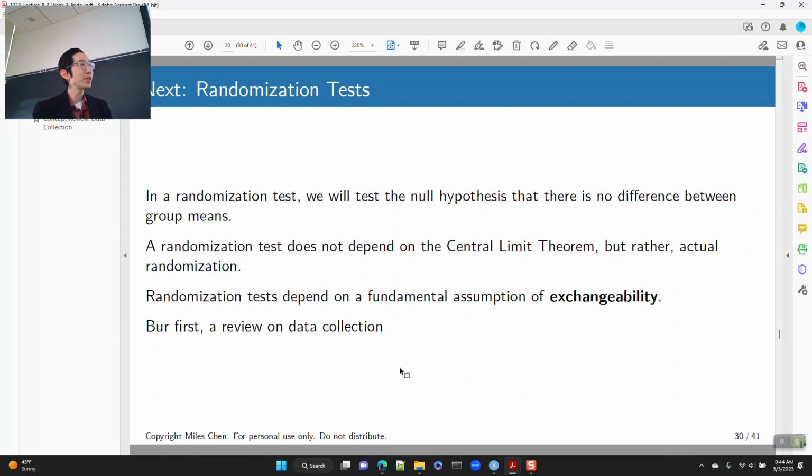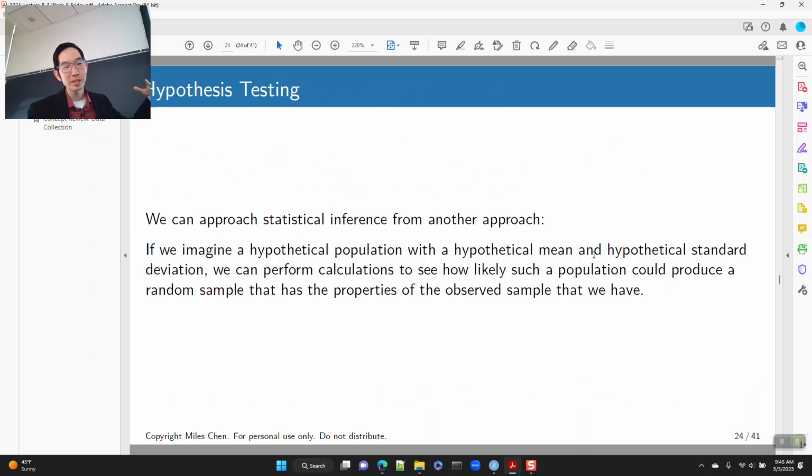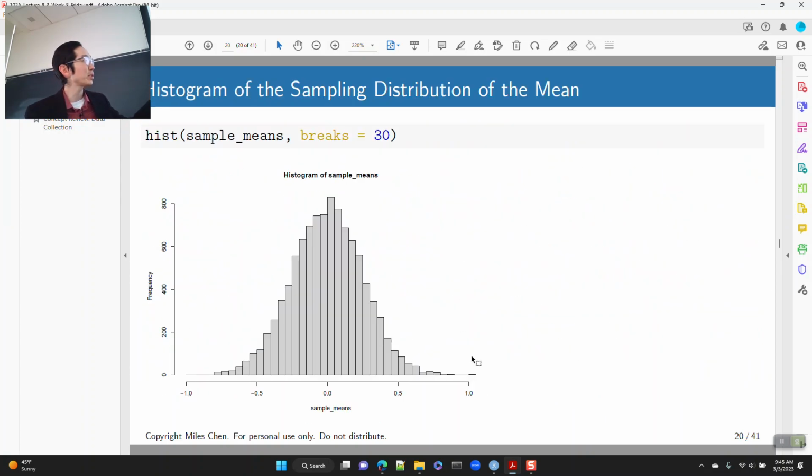Next week we're going to use the computational power of the computer to do this randomizing stuff, and we're going to do something called a randomization test, right? We're going to test similar kinds of things, like the null hypothesis that there's no difference between the group means. But rather than depending on the central limit theorem, we're going to use randomization. I can't assume that this follows a normal distribution, but what I can do is simulate what my sampling distribution looks like.